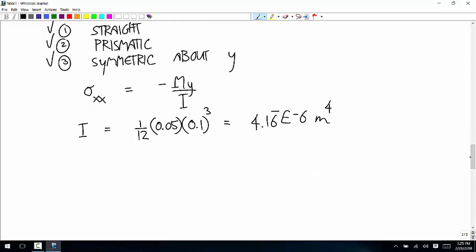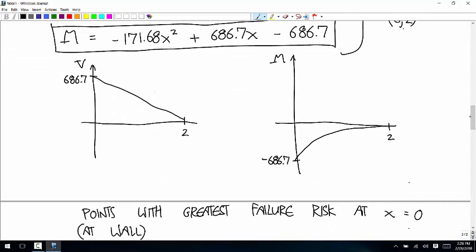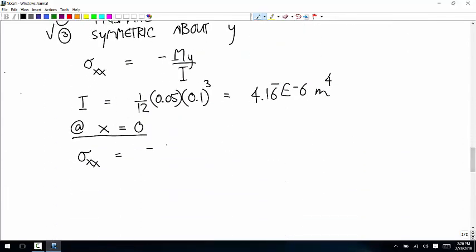Okay, so at x equals 0, sigma xx is equal to negative the bending moment at x equals 0. So that's negative 686.7 times y. We're going to leave that in as a parameter. Divided by 4.16 repeating times 10 to the minus 6.